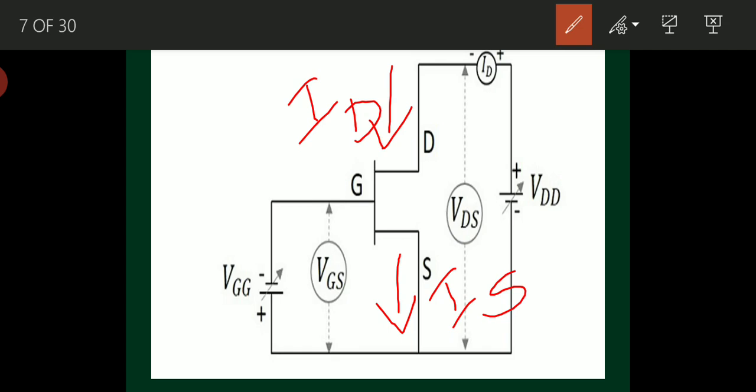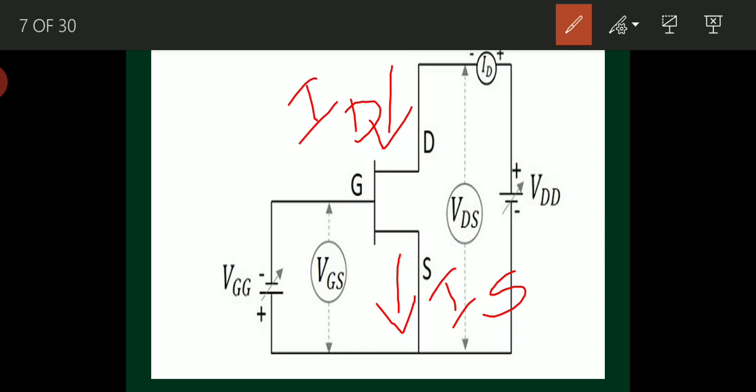If you compare it with BJT, then in common base configuration, IE nearly equals IC, since IB is very less.